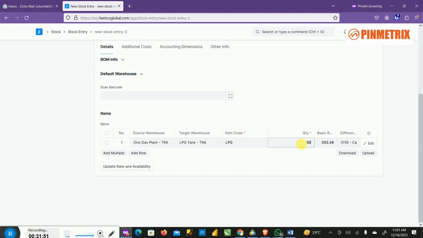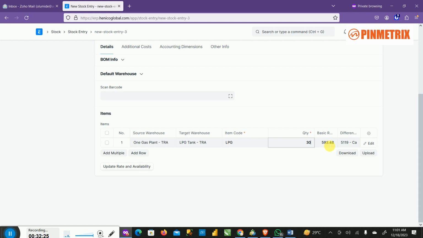Look at what has happened here. Remember, when we received, we received at 550. Now, when we want to transfer, the system is bringing out 593. For transfer of items, for issue of products, you cannot change the rate.